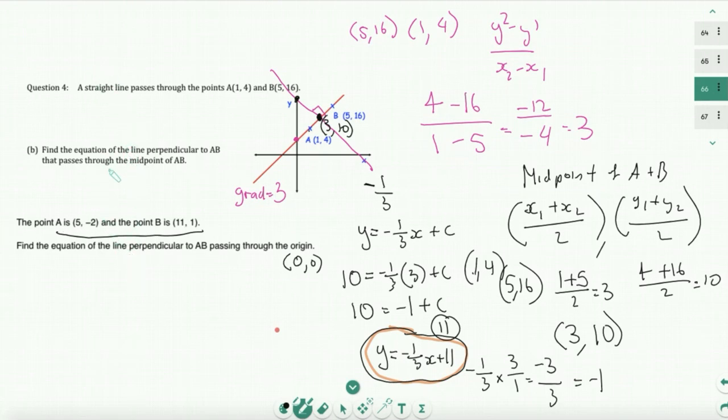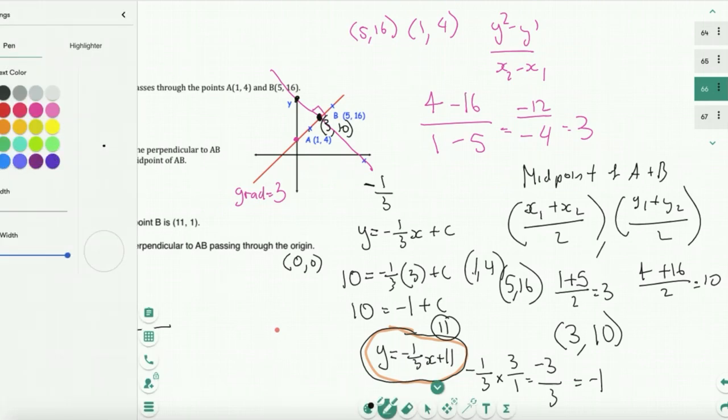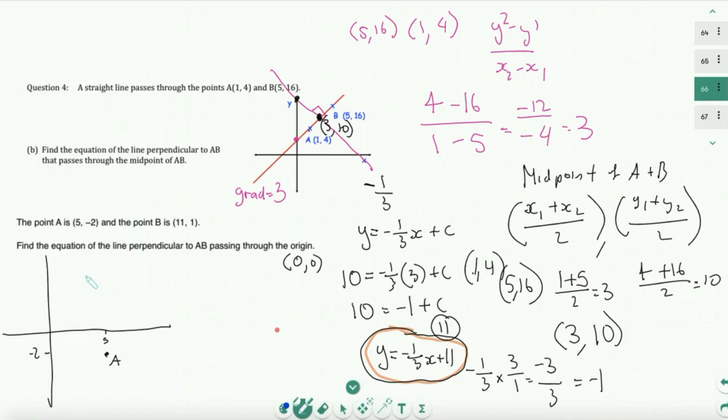So let's first find the equation of the line AB, and let's do a sketch to visualize this. I like to draw a sketch if I'm super stuck. Point A is (5, -2), and point B is (11, 1).